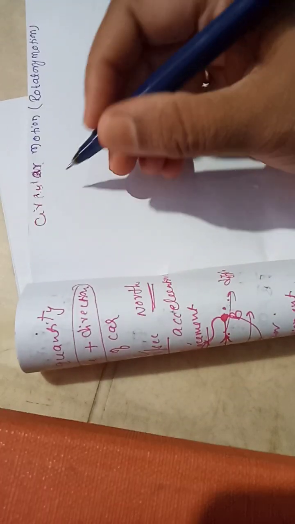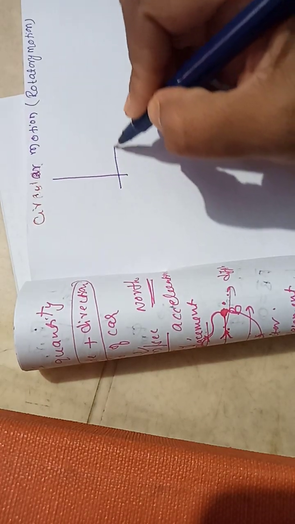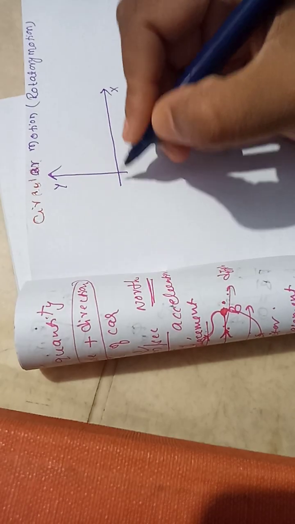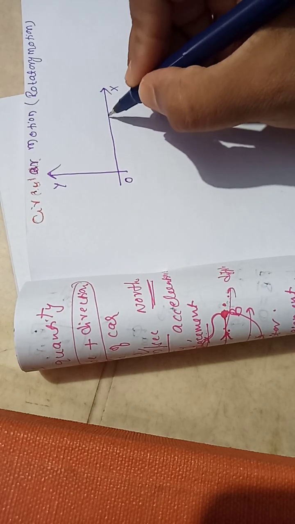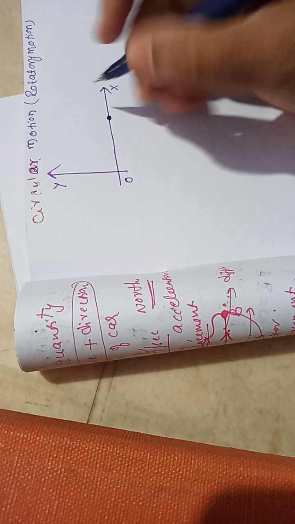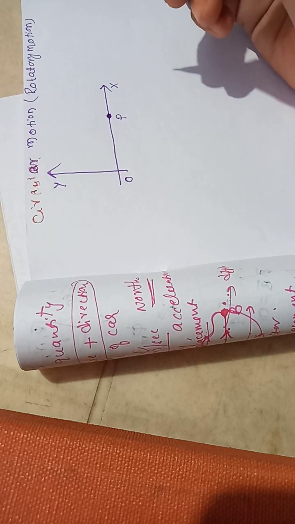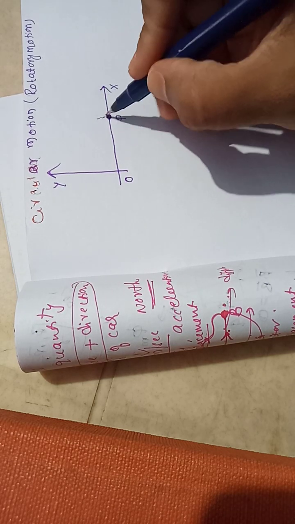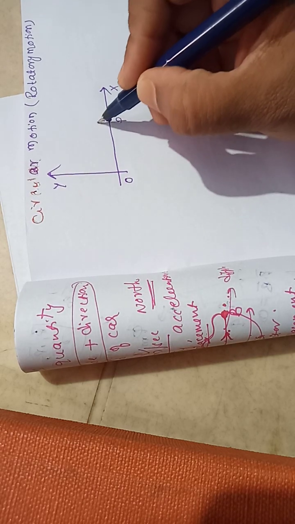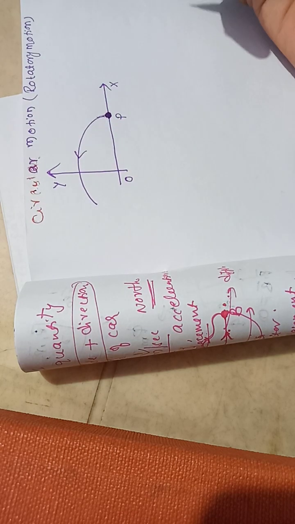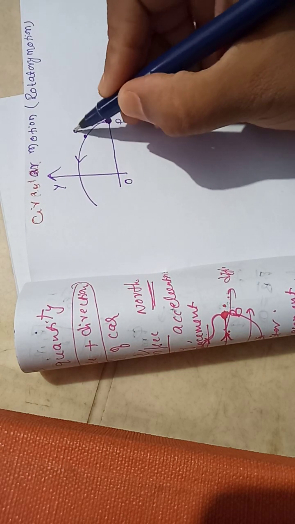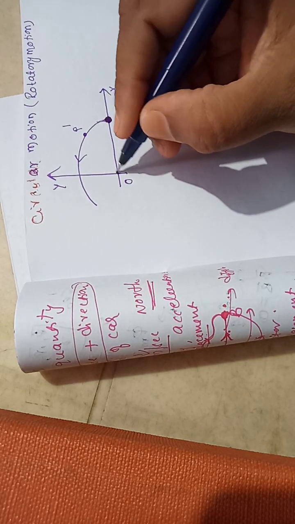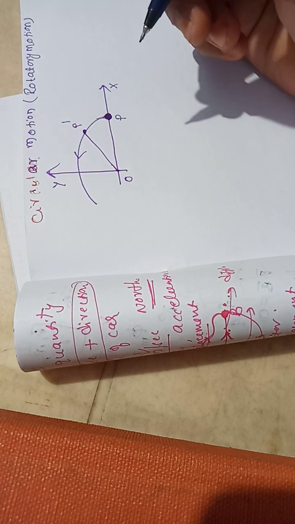Now I am taking the XY plane, right? O is the origin. First let us think that the particle is at position P. Now from P the particle has reached P dash, you think. Now this OP comes to OP dash.